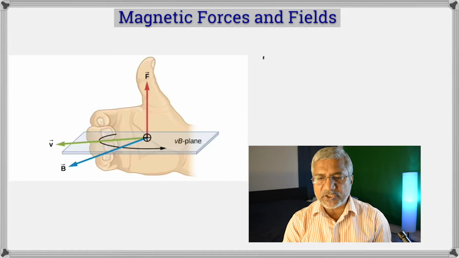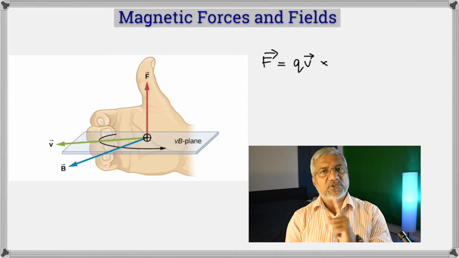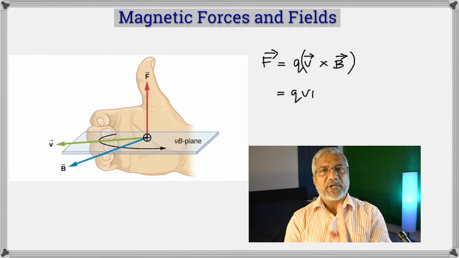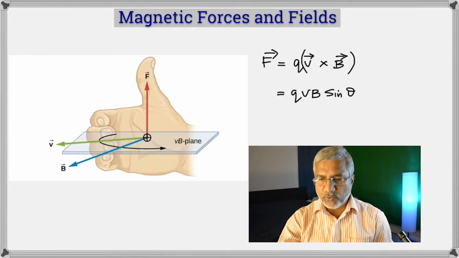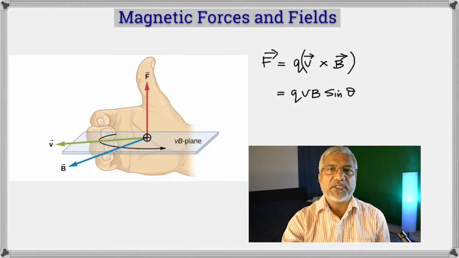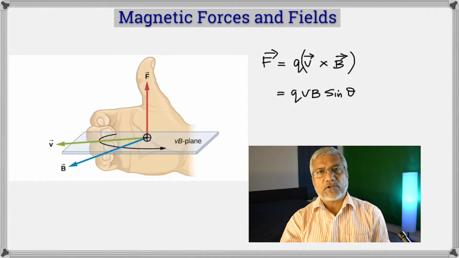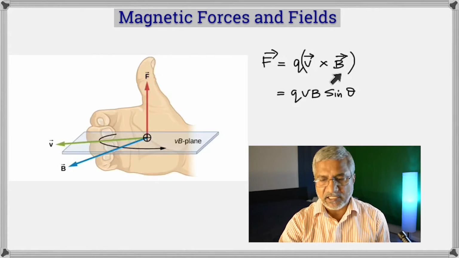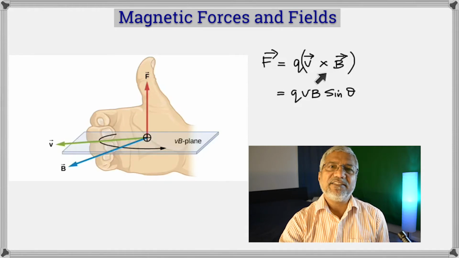And what is the magnitude of the force? I already specified 2 cases where force does not act: 1, if the charged particle is not moving, and 2, if it's moving parallel to the field. So here is the formula that makes everything clear. Force on the charged particle is given by Q V cross B. It's a cross product, and a cross product always involves the sine of the angle between the 2 vectors, which makes it very clear that if these 2 are parallel, then the angle is 0, and sine 0 is 0.